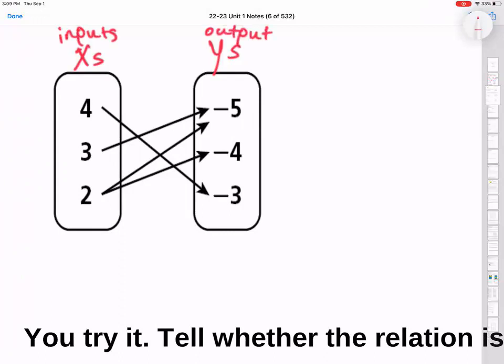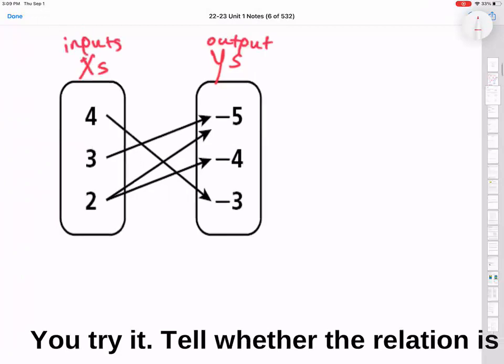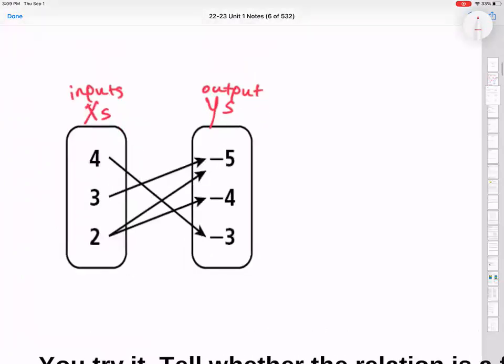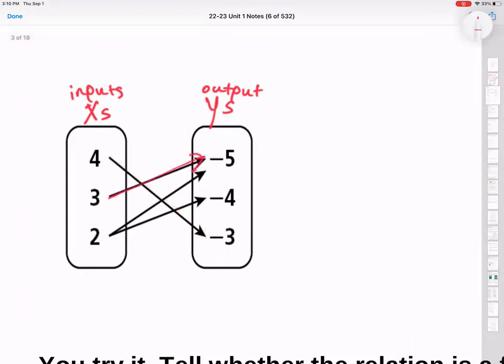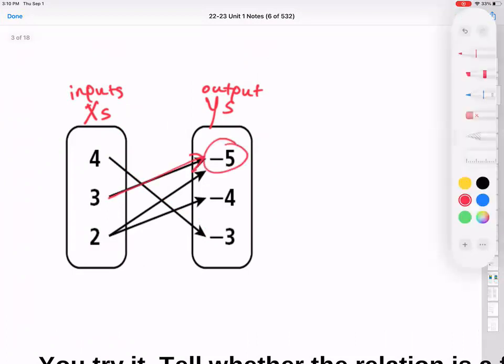As we look, we see the first one is 4. We're asked, is 4 trying to go to 2 different places? Well, no, it looks like 4 is only going to -3. And then we end up with 3 trying to go to -5, but 3 is only going to one place. And then the last one, we end up with 2.